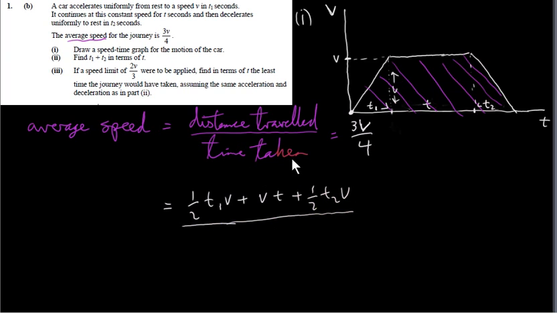And what's the time taken? Well, we just add up the 3 times. The time taken is just the base of this graph, that's t1 plus t plus t2, and that equals 3v/4. Now what we have to do in part 2 is find t1 plus t2 in terms of t.